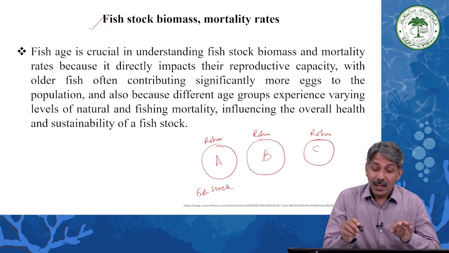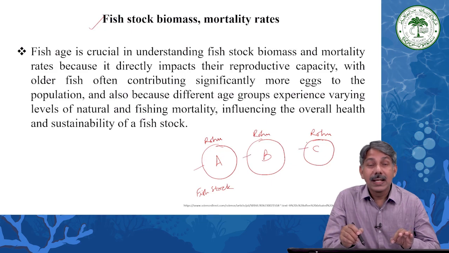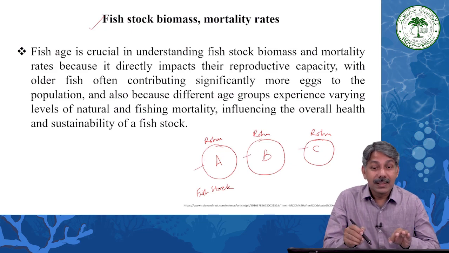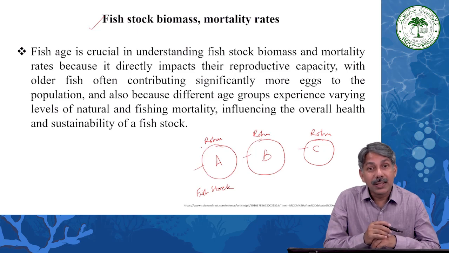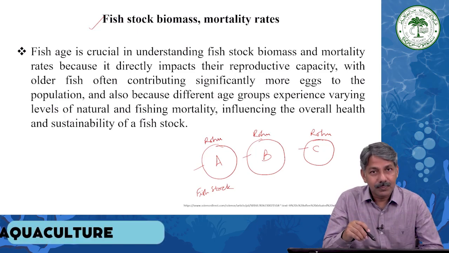Now, for proper management, we have to ensure that whatever habitat conditions are required in region A or region B or region C are met for the Rohu population of that region, and similarly for other regions.